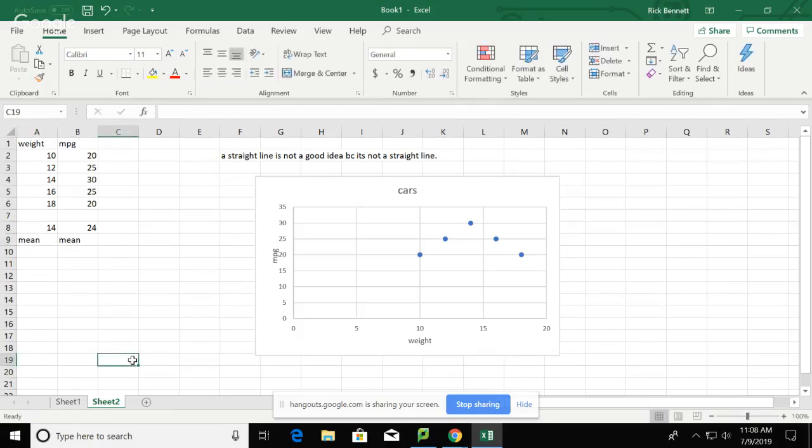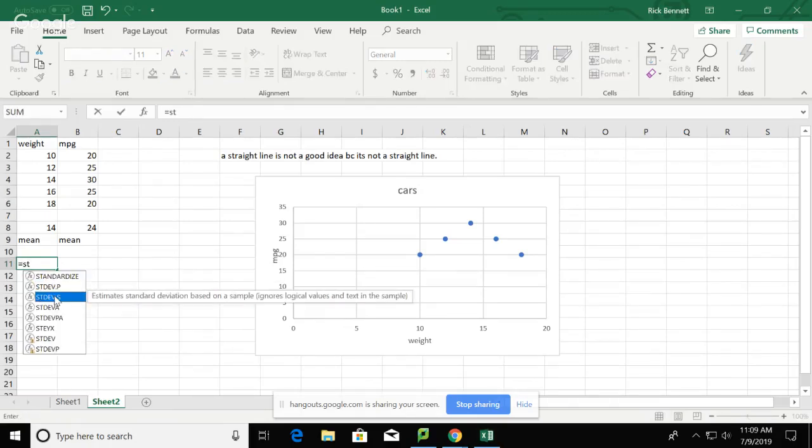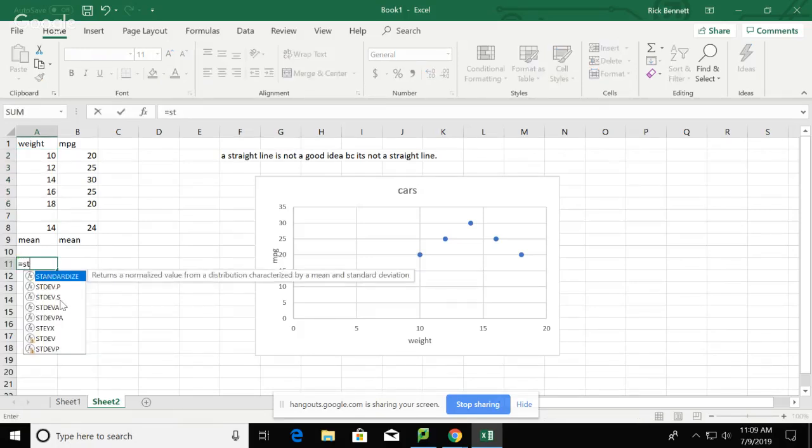So the next one, find the standard deviation of X and Y. Correct. So, equals STDEV, and I do this because it's a sample. Double click it. When you select it, you have to double click it.